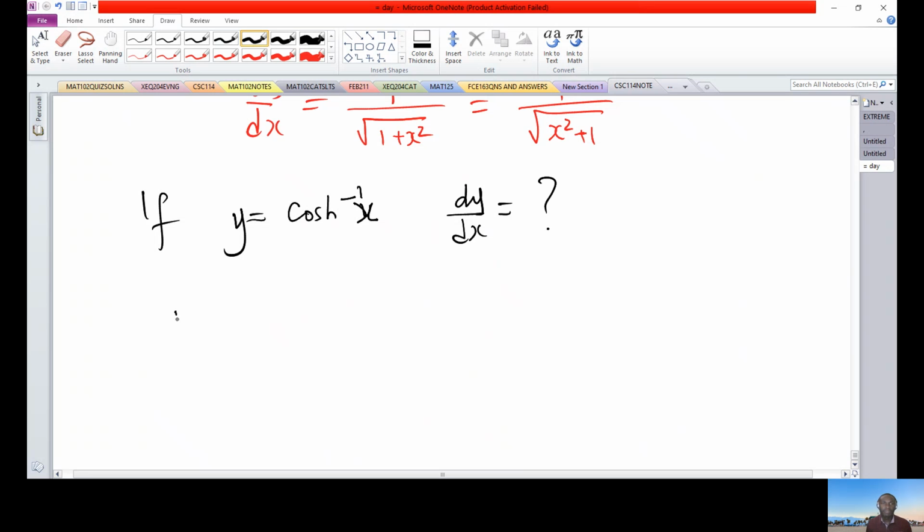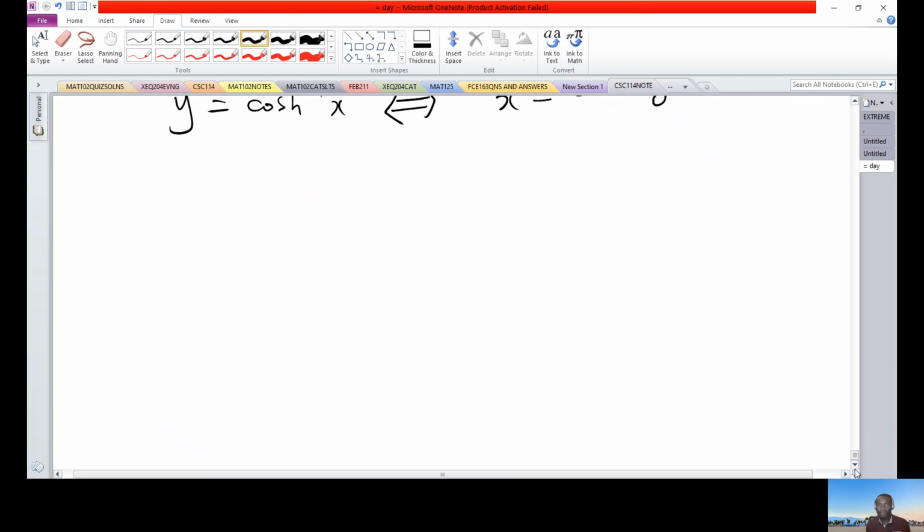In a similar fashion, you say solution: y equals hyperbolic cosine inverse of x is the same thing as saying x equals hyperbolic cosine of y. And then you arrange it as hyperbolic cosine of y is the same as x.